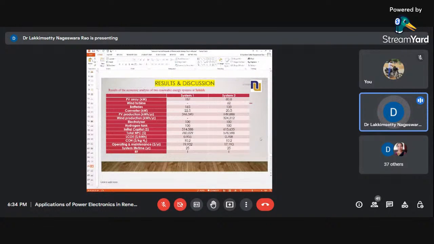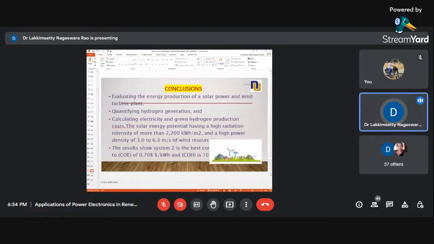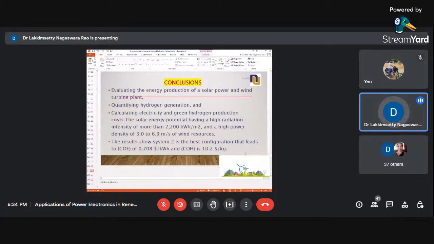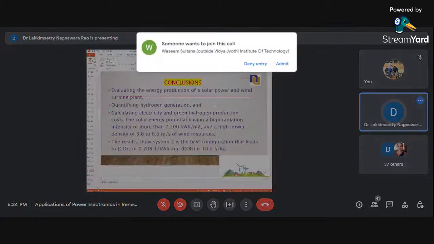The remaining areas have also been compared, and ultimately how feasibility has been assessed, how far it is best for the needs. Coming to the conclusion of this study, quantifying hydrogen generation has been done, and we have calculated how much electricity and green hydrogen production cost relate to the different system parameters.